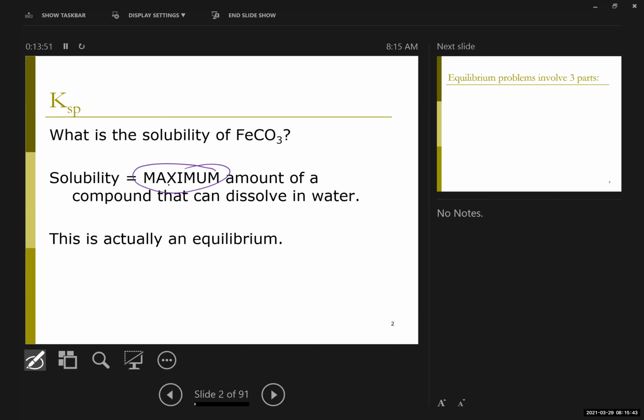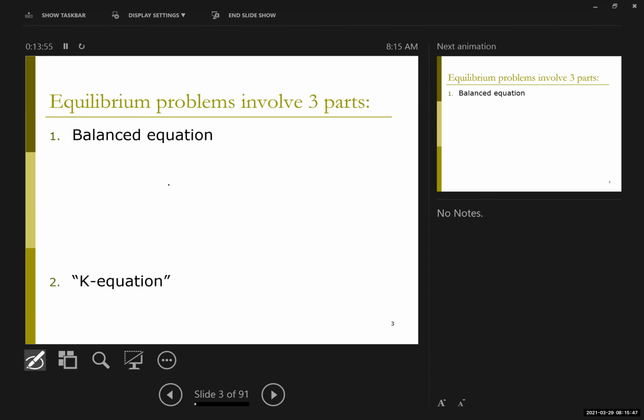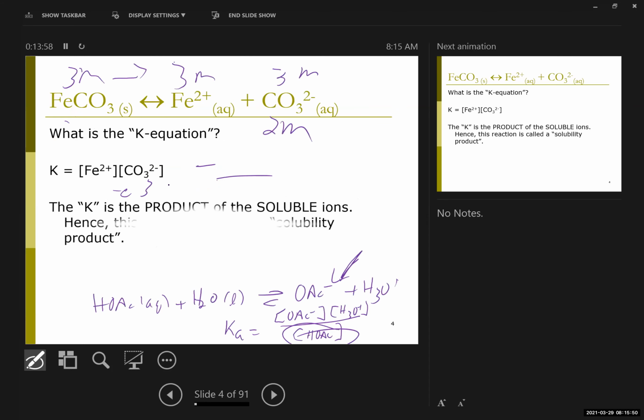In the case of my recently manufactured example, if this were really 9, then 3 molar is the maximum solubility of the iron carbonate solid. But in a different way, it's also the minimum amount that gets me to equilibrium. I can't throw in 1 molar iron carbonate and get to equilibrium. And so it is very much a single value if I'm talking about solubility.